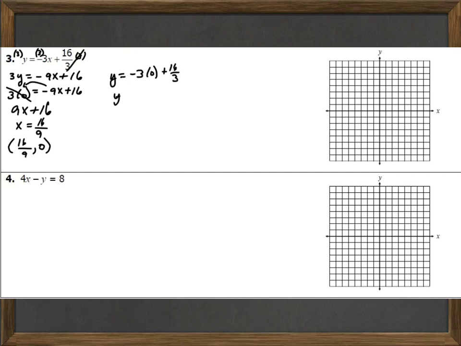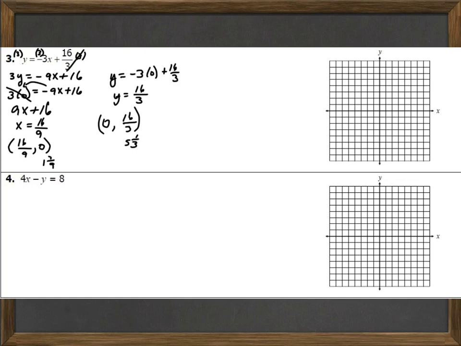So y is equal to 16/3, and is a point that's 0 and 16/3. So that's 5 1/3 if I'm trying to locate it, and 16/9 is 1 7/9.